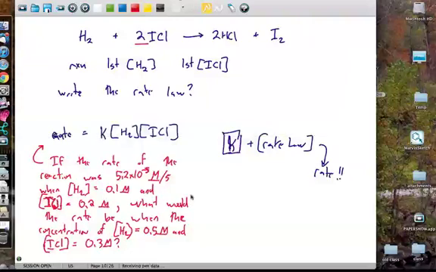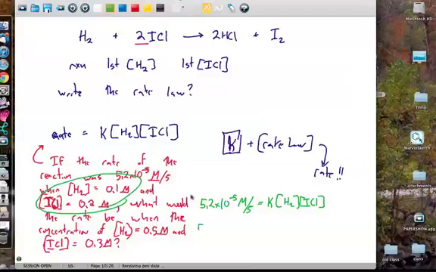So, the first step in this is recognizing that with these bits of information and the rate, we can figure out what the rate constant is just by plugging in. So good time to hit pause. So 5.2 times 10 to the minus 5th molar per second will equal K times the concentration of H2 times the concentration of ICl.